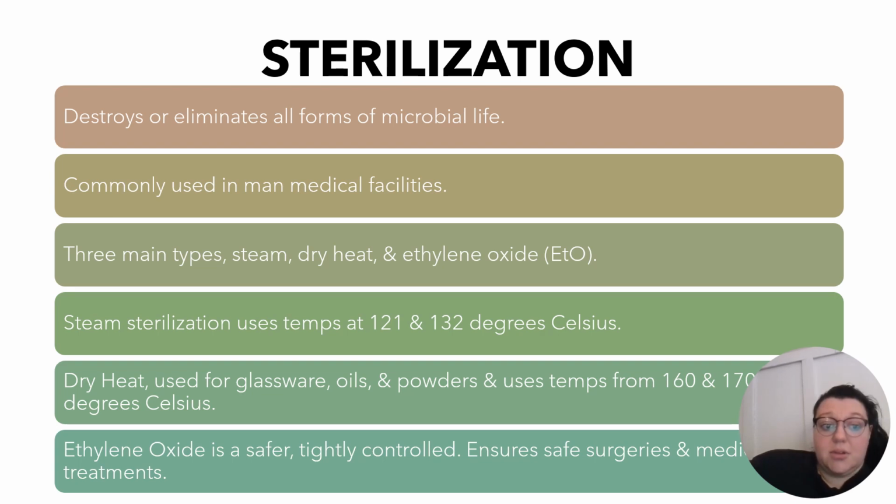Dry heat is typically what we use for glassware, oils, and powders, and the temperatures are anywhere from 160 to 170 degrees Celsius. Ethylene oxide is safer, because it's tightly controlled. It ensures safe surgeries and medical treatments. So like I said, a lot of sterilization goes on in the hospital.